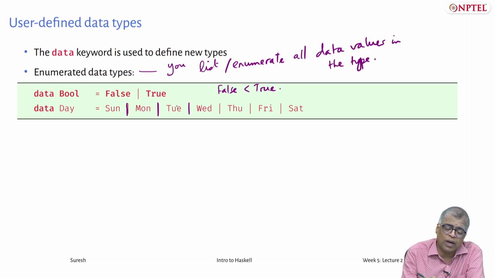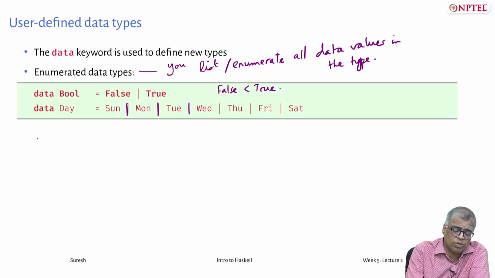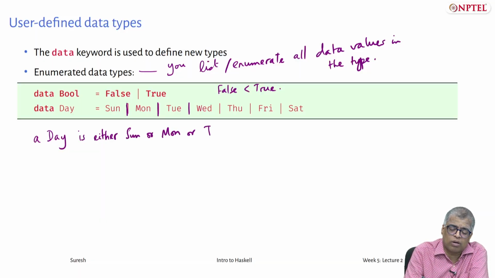You should read it as a day is either Sunday or Monday or Tuesday or Wednesday. So this vertical bar stands for or.